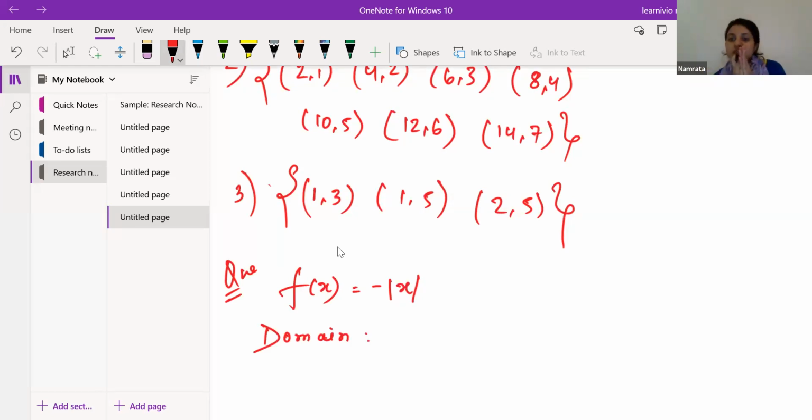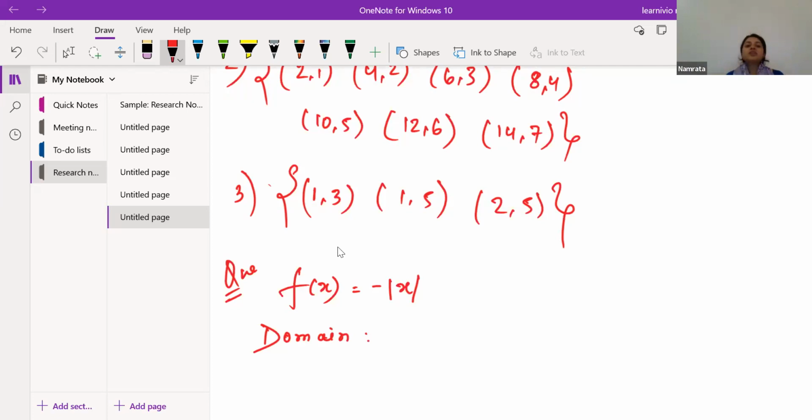There is not a specific mention that you need to take natural numbers, whole numbers, or integers. If nothing is defined over here, that means you have to think about the whole real numbers. What can be the domain? All real numbers.